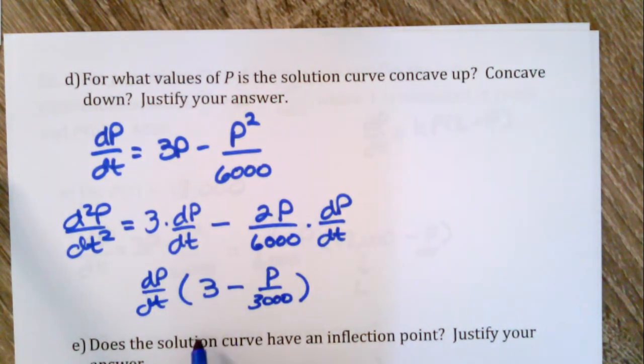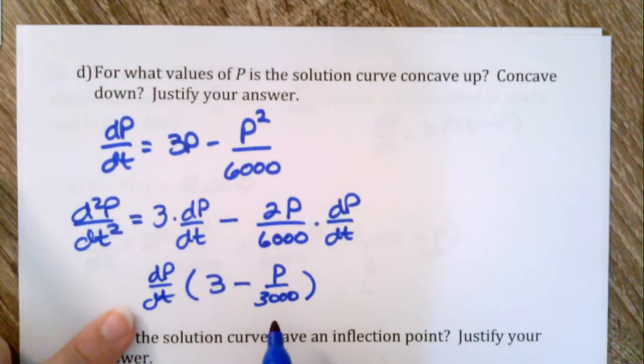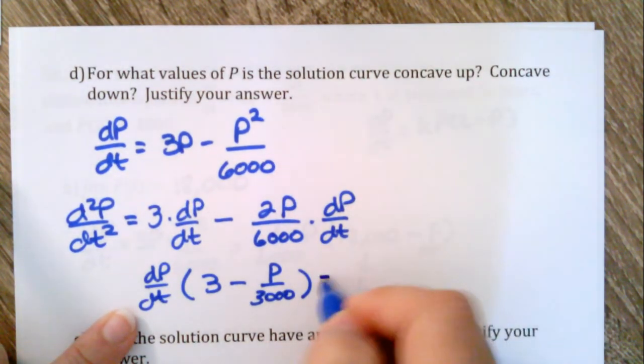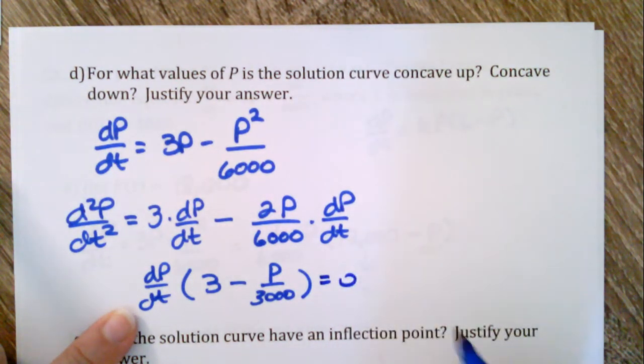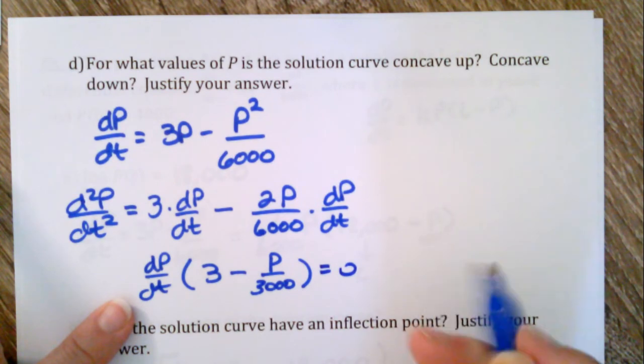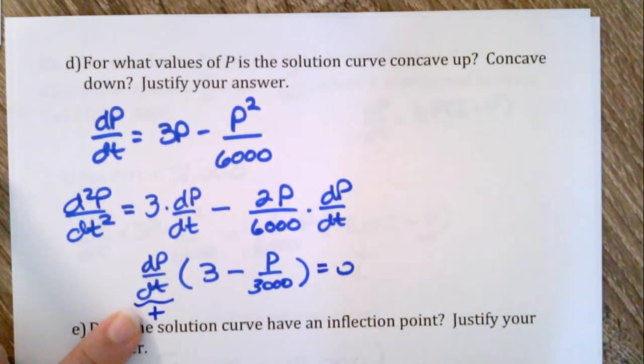And so if I'm going to find when my second derivative here is positive or negative, I need to find when it's equal to 0. Now, normally we would substitute back in what dP/dt is, but for this particular problem, I'm just going to go ahead and set this equal to 0. And remember that we said previously for the particular range that we're talking about in this scenario, dP/dt is always going to be positive.